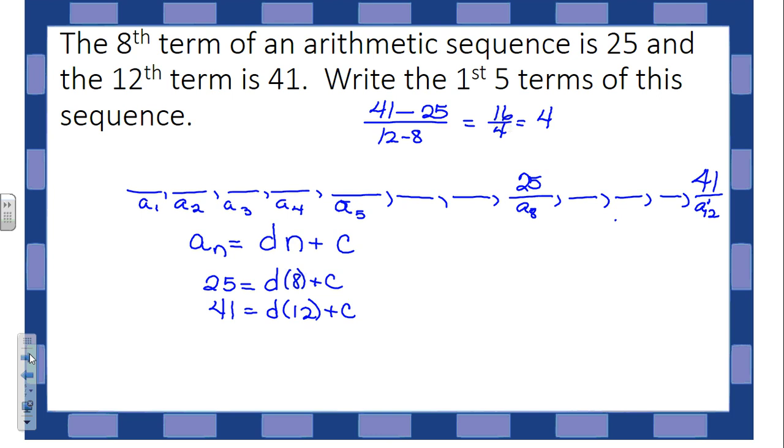So if the 8th term is 25, then 25 has to be equal to our common difference times 8 plus our C. Does that make sense? And what is 4 times 8? 32. So if we subtract 32 from both sides, what do we get?